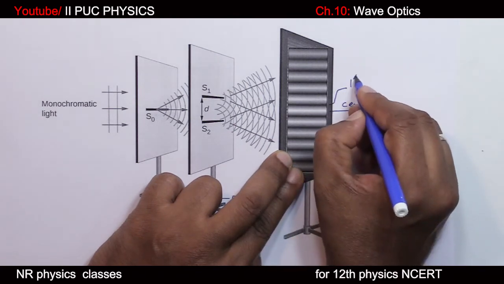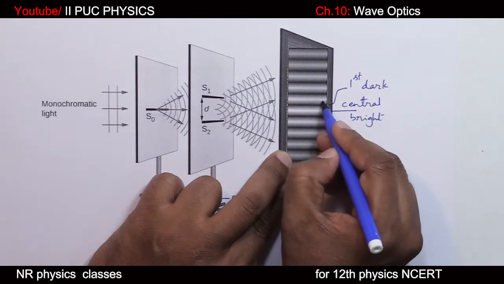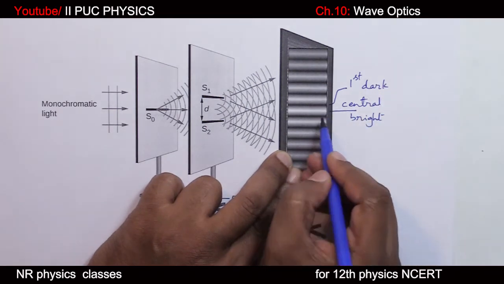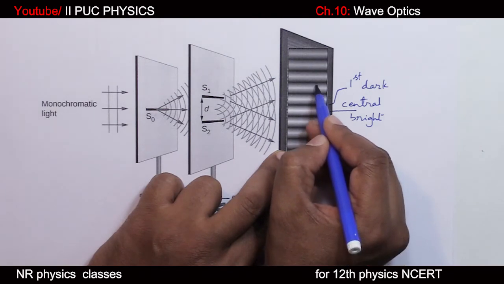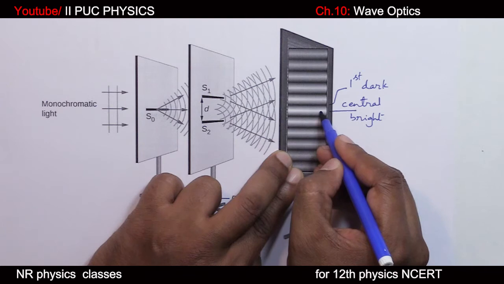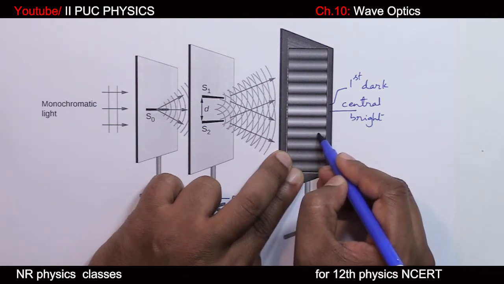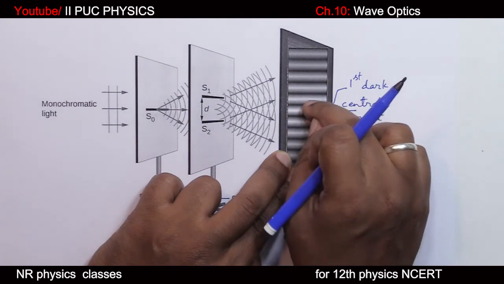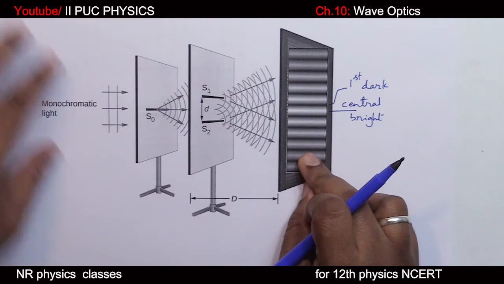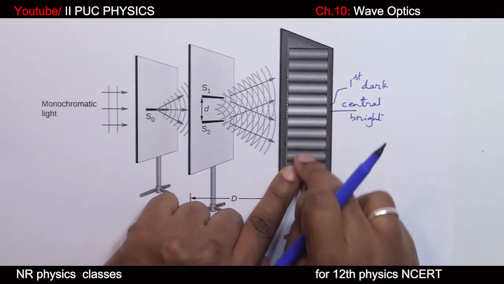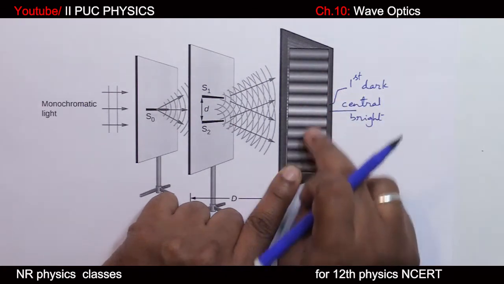This is first dark. After dark, there is bright. See, central bright, dark, bright, dark, bright, dark. On the other side also, dark, bright, dark, bright. So there are alternate bright and dark fringes on either side. This is called the interference pattern, and these are called the fringes, bands, interference bands.